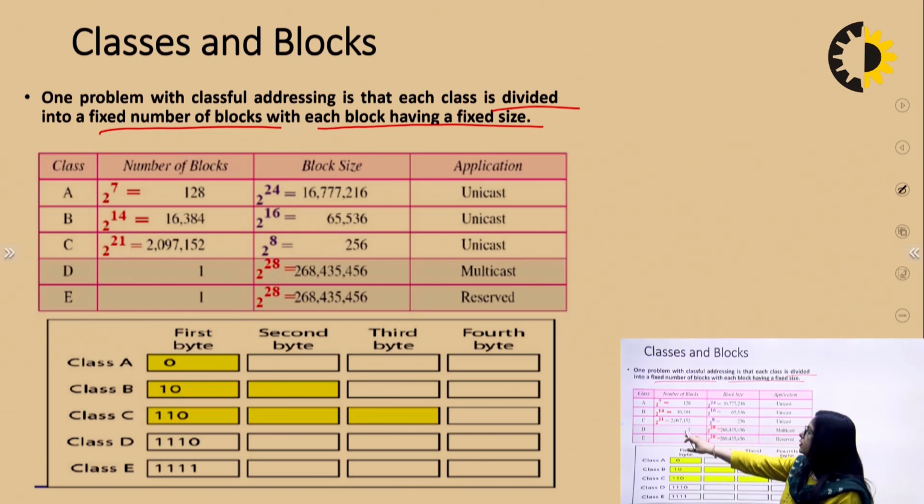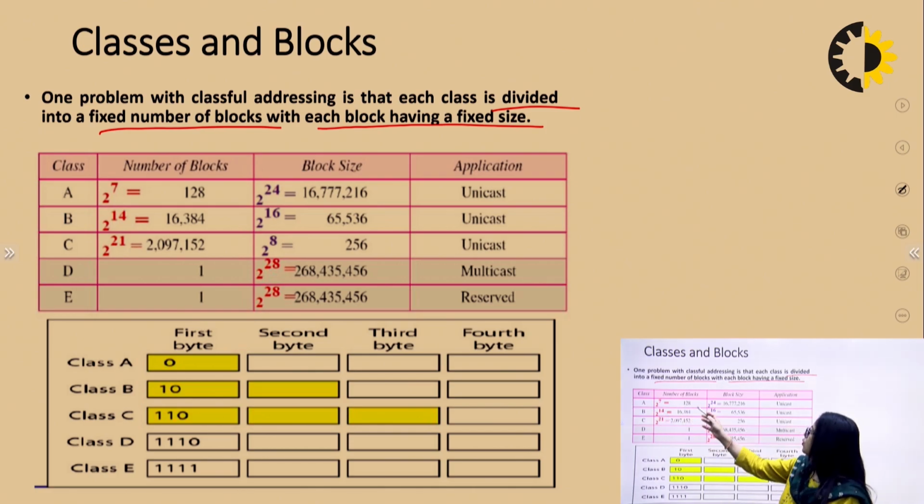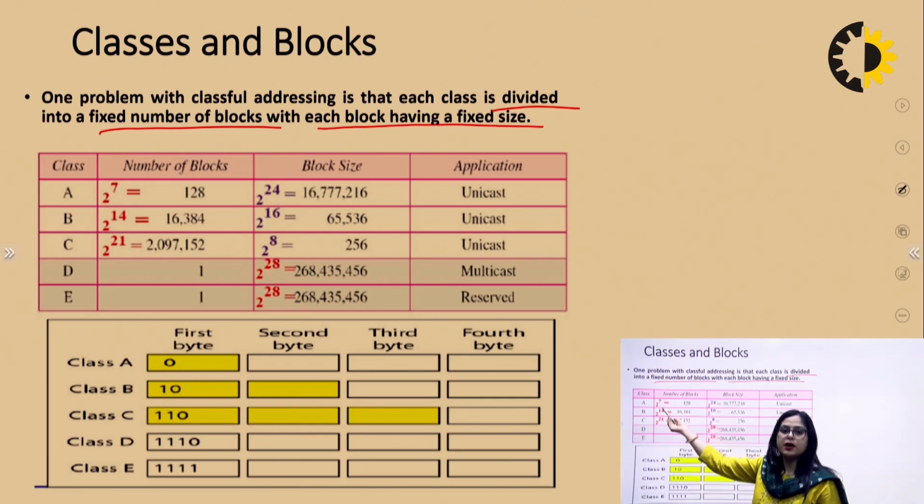Here the number of blocks: in class A, 2 to the power 7 is equal to 128. Why 2 to the power 7? Because the 0 bit is reserved here, so the remaining is 2 to the power 7, that is 128. For class B, 2 to the power 14: 2 bits are reserved and the net ID is 16 bit, so from the 16, 2 bits are reserved.